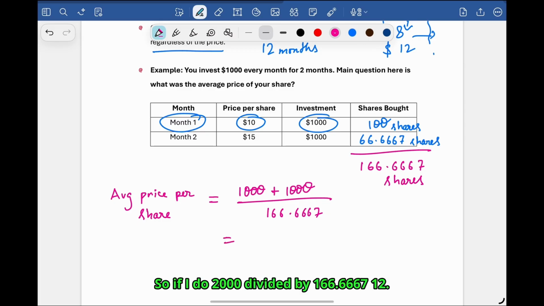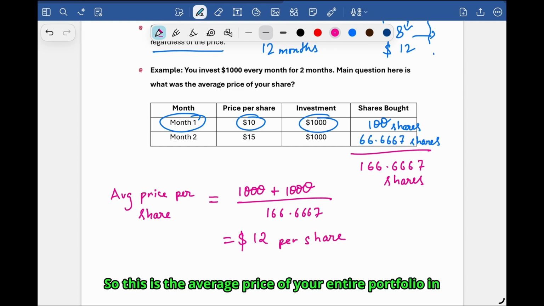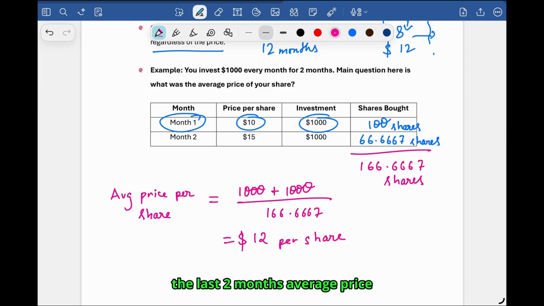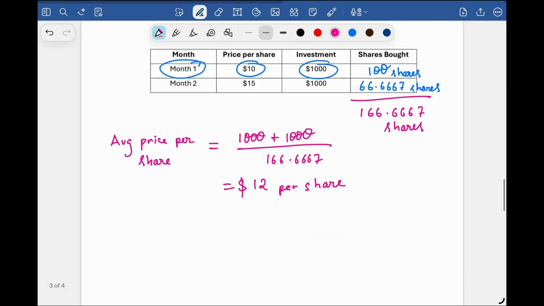So if I do 2,000 divided by 166.6667, it is $12 per share. So this is the average price per share of your portfolio in the last 2 months, right?